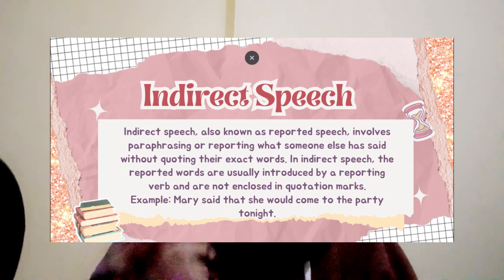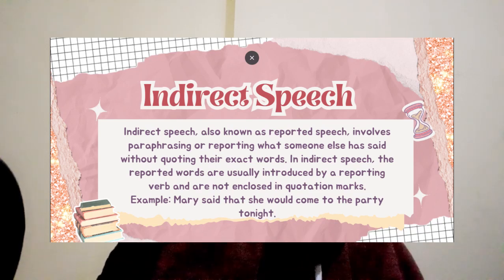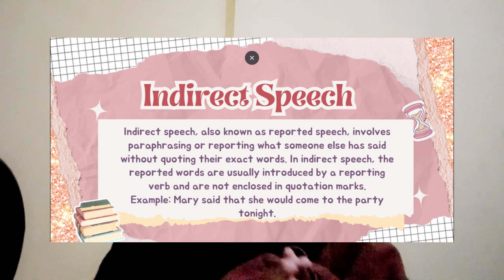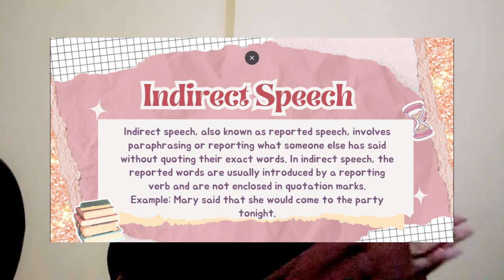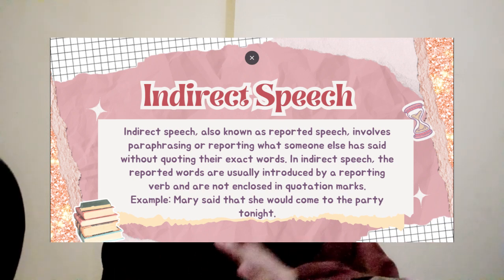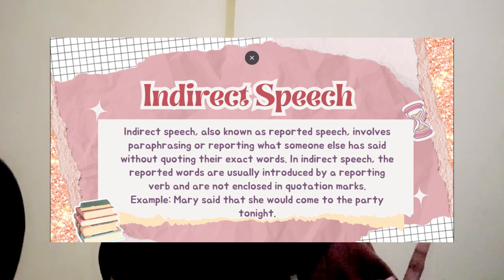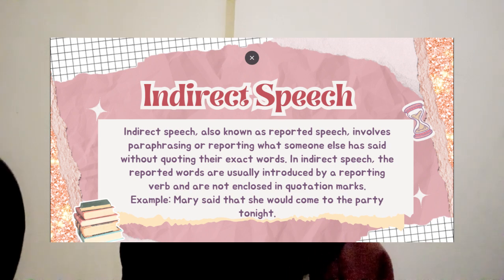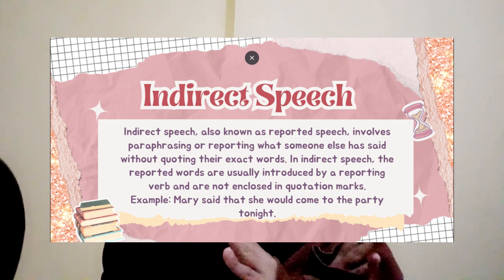Meanwhile, indirect speech, also known as reported speech, involves paraphrasing or reporting what someone else has said without quoting their exact words. In indirect speech, the reported words are usually introduced by a reporting verb and are not enclosed in quotation marks.